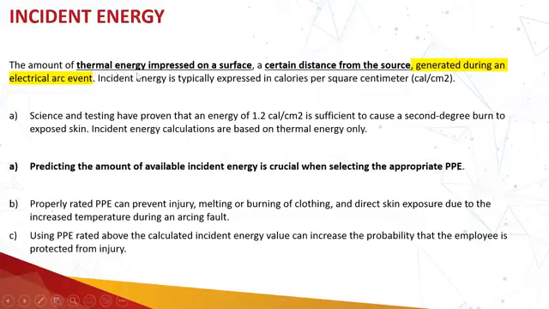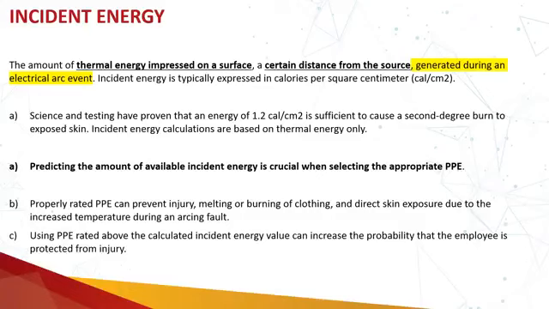The amount of thermal energy which is impressed on a surface at a certain distance from a source generated during an electric arc event. So incident energy is basically thermal energy, calculated in calories per centimeter square. This is the amount of thermal energy which is impressed on a surface. What is the surface here? The surface here is the human body.